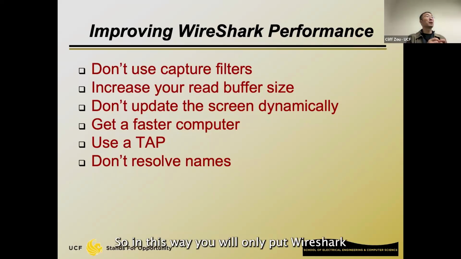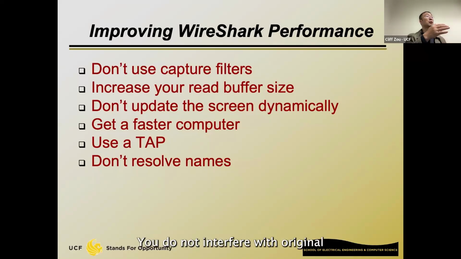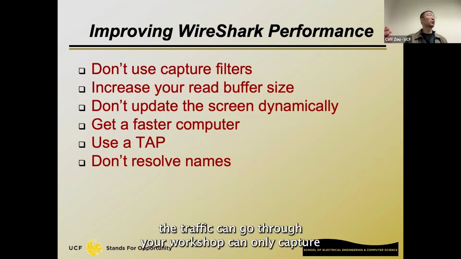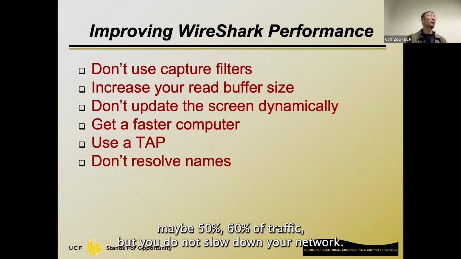So you only connect the Wireshark computer to the second output of the tap device. You do not interfere with the original traffic transmission. So if your Wireshark cannot catch up with a big traffic surge, the traffic can still go through. Your Wireshark may capture only 50% or 60% of the traffic, but you do not slow down your network.